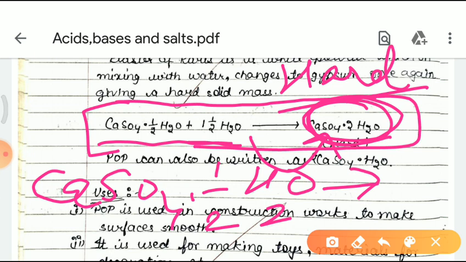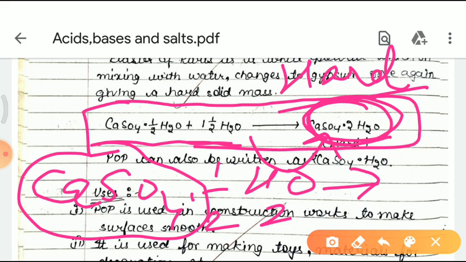That's why it is necessary to place this POP in an airtight container. That is why it is necessary that its packing should be airtight packing. It means when POP is left open in the atmosphere it will absorb water molecules, and due to the absorption of those water molecules it can be converted into a solid hard mass, right, by the formation of gypsum. And once it is converted into the hard mass or gypsum, then it is no longer in use. Okay, that's why we need to store the plaster of Paris in airtight containers.